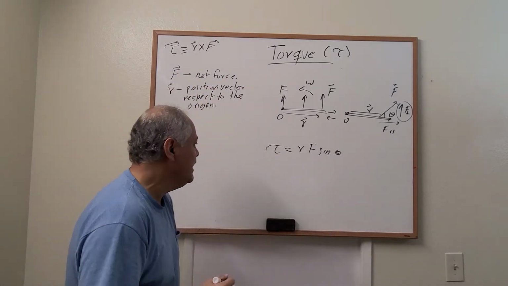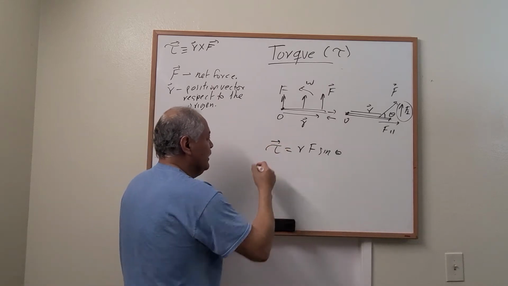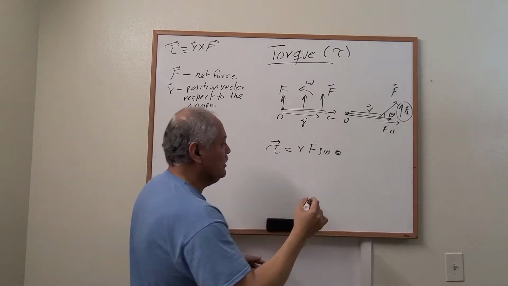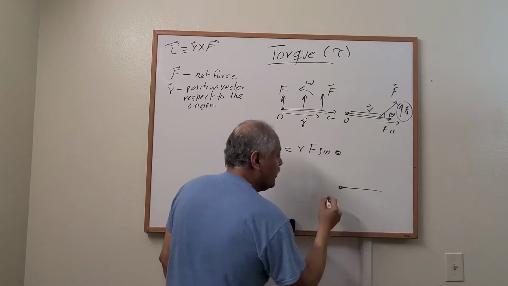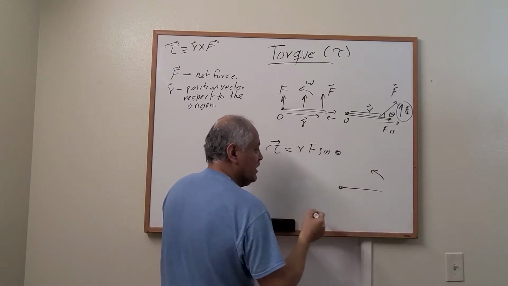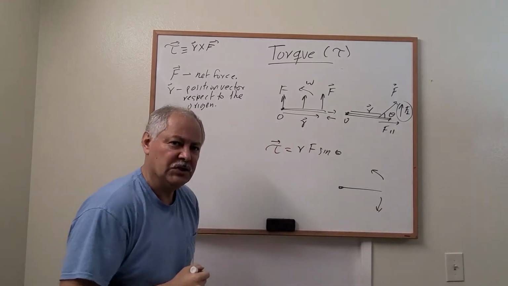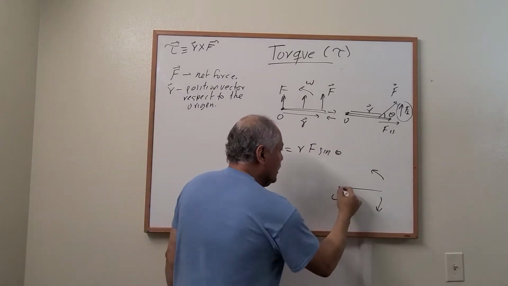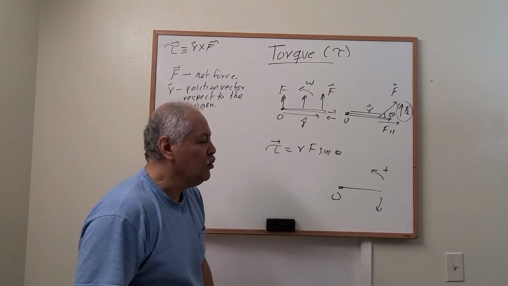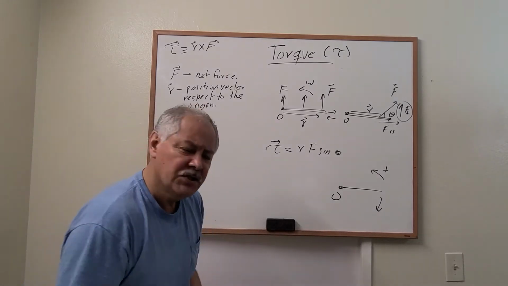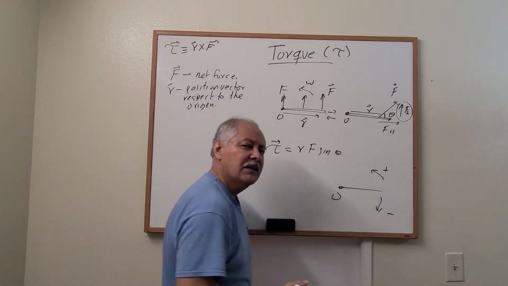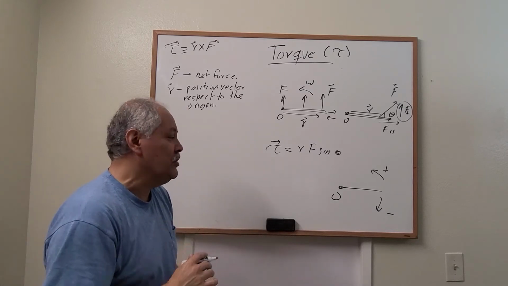Now, because it's a vector, it has direction. If we go in this way, we have one direction, and if we go this way, we have another direction. So going counterclockwise is positive by convention, and going clockwise is negative by convention.